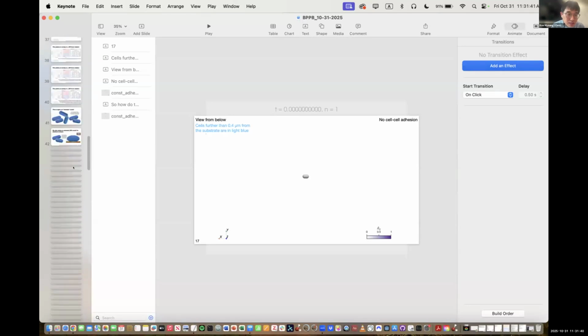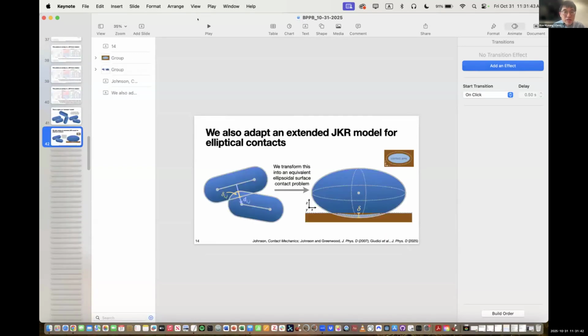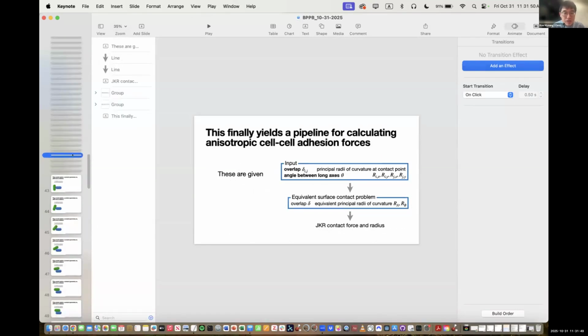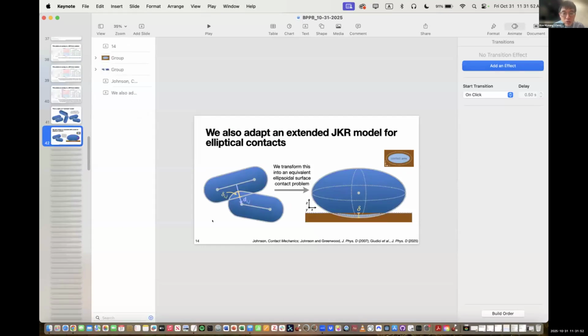There's a ton of slides that I've skipped over here, but basically there is a pipeline that I introduced here, where I take any pair of contacting cells, and use the overlap distance and the angle between these two cells, and also the principal radii of curvature at the contact point. So there are 4 principal radii of curvature.